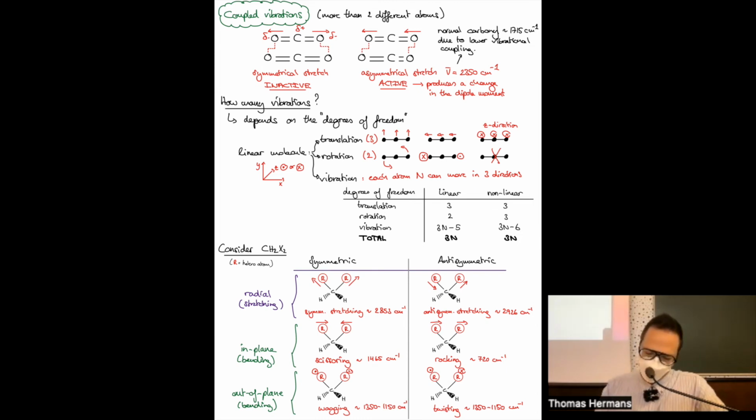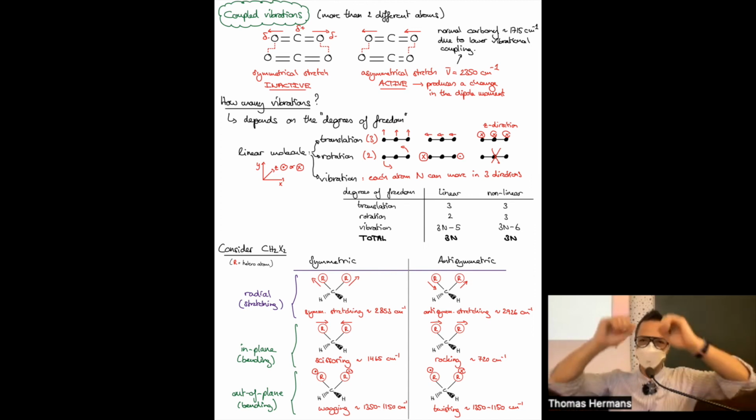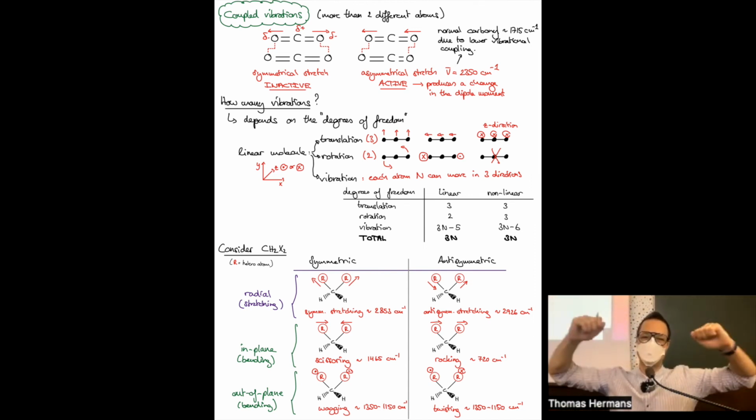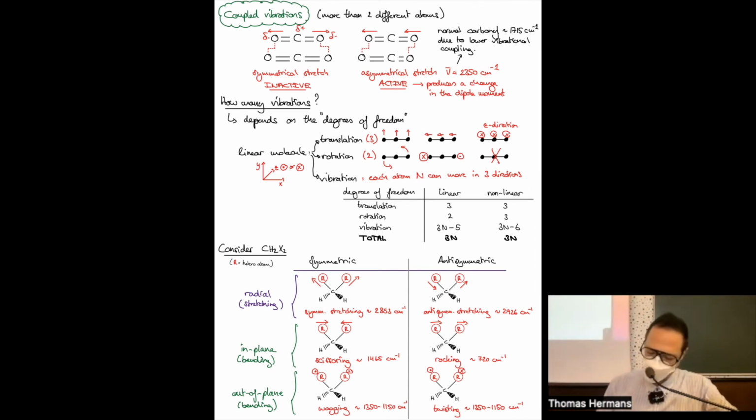Okay, so let's first look at what happens if we stretch both these bonds at the same time outward, right? So like this. So that we would call it symmetric stretch. And just for information, I'll put the wave number, right?